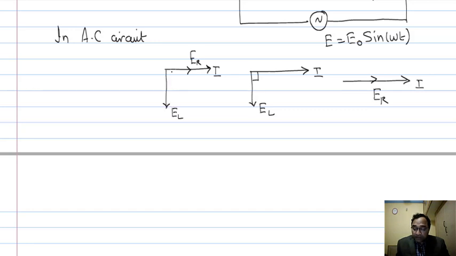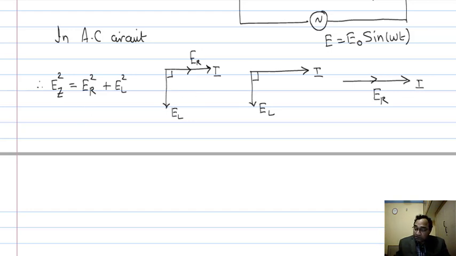Therefore, the net E squared is ER squared plus EL squared, since the potential drops across the resistance and the inductor are 90 degrees out of phase. So, by using the Pythagoras theorem, we arrive at this result.